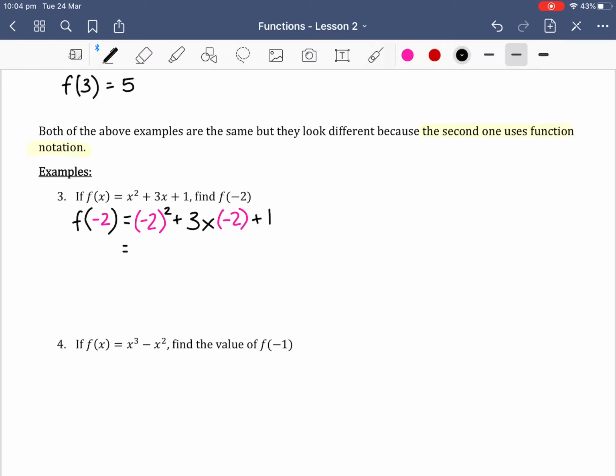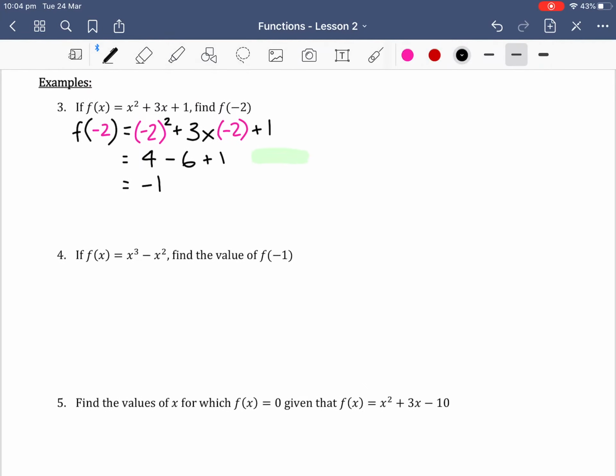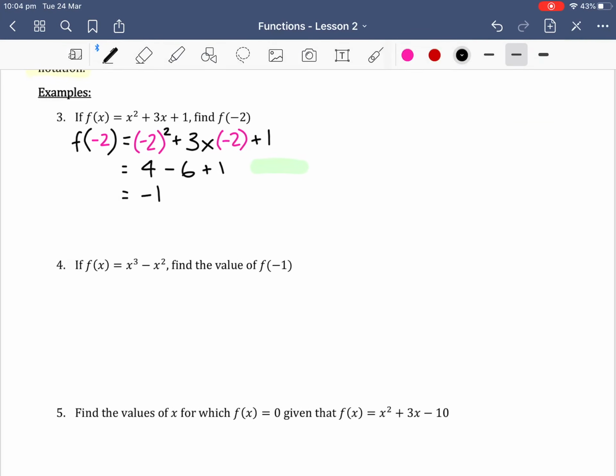We can put this straight into our calculator, or we can try working it out. For the sake of this, I'm going to show you the working out. Minus 2 squared is 4, plus 3 times minus 2 is negative 6, plus 1. So 4 minus 6 plus 1 equals negative 1, and that is our answer. You can skip this line of working out by putting it straight into your calculator as well.